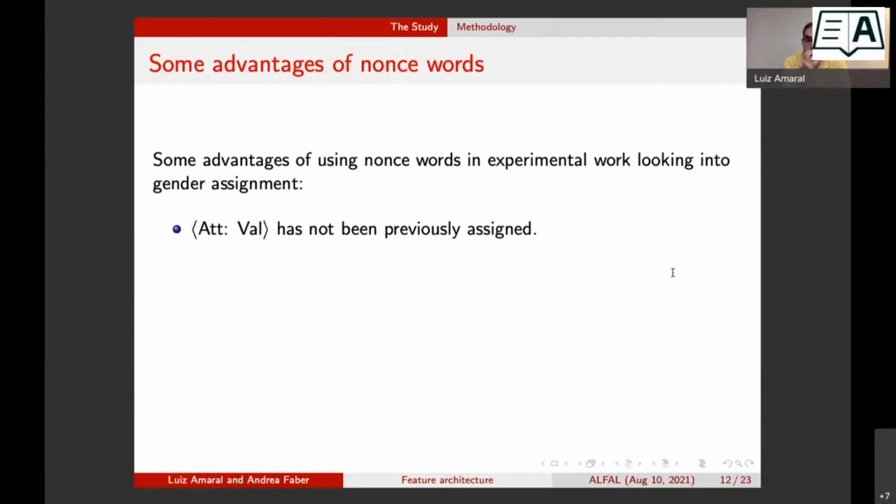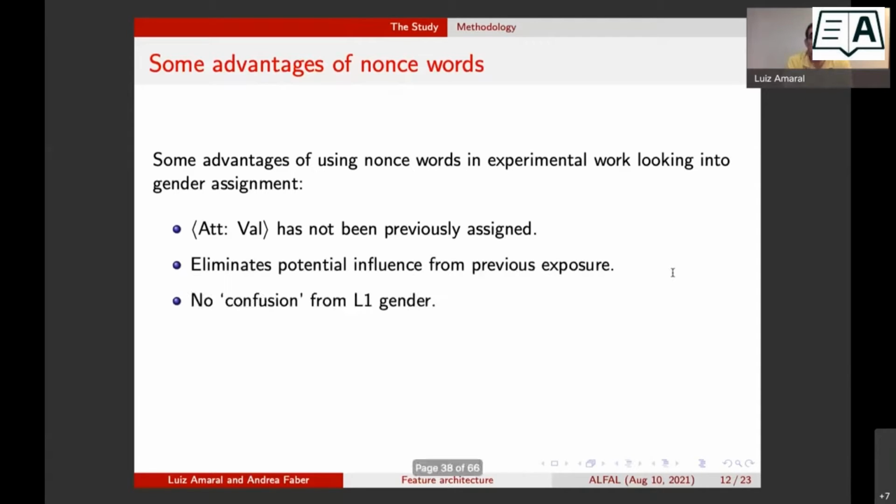We think it's very interesting to look at nonce words, because some advantages of using nonce words in experimental work on gender assignment are that, for example, the attribute value pair has not been previously assigned, even for native speakers. So we can see how native speakers react to that. It eliminates potential influence from previous exposure. There is no confusion from L1 gender. One of our experimental groups is a group of native speakers of Portuguese acquiring Spanish. And it shines a light on the productivity of the gender system.